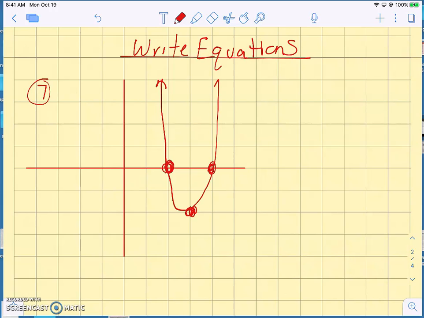And we're going to write an equation here. Sorry, it's a little off. That's as close as we're going to get. So let's write down that vertex form. y equals a(x minus h) squared plus k.